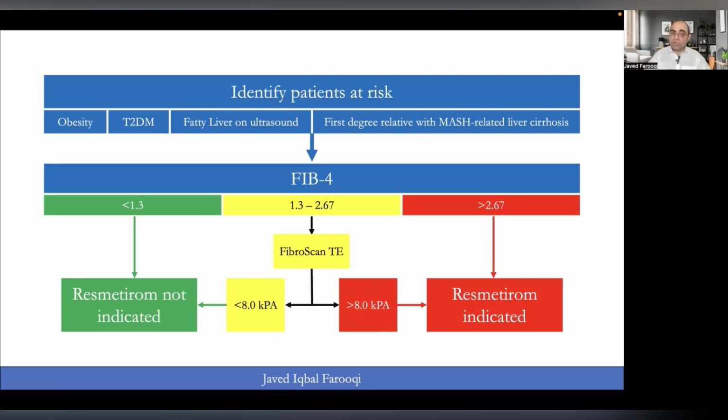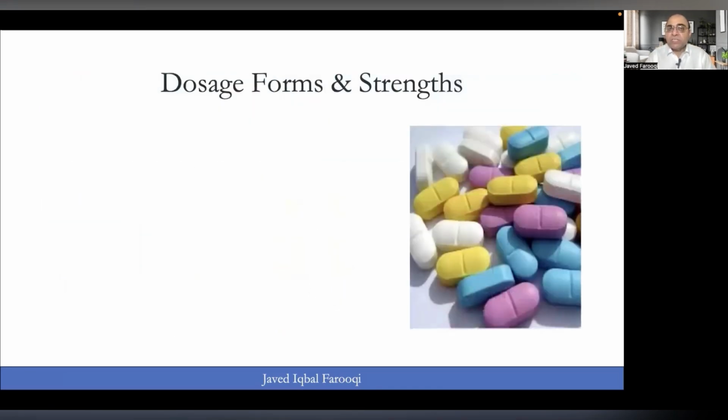So you take the short of this algorithm and you treat your patients accordingly with resmetirom, whether the initial FIB-4 score was more than 2.67 or it was in the yellow range, but when you checked the FibroScan, it was more than 8 kilopascal.